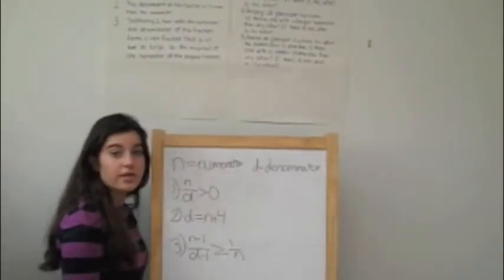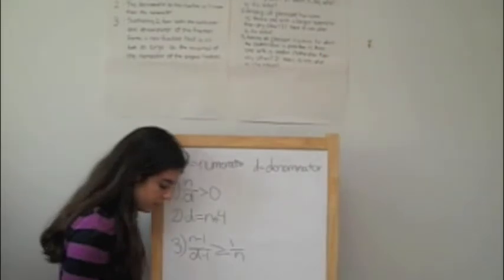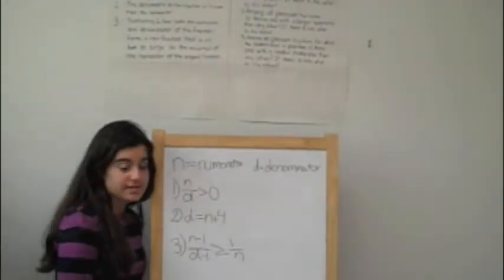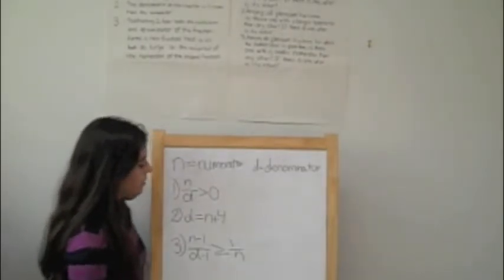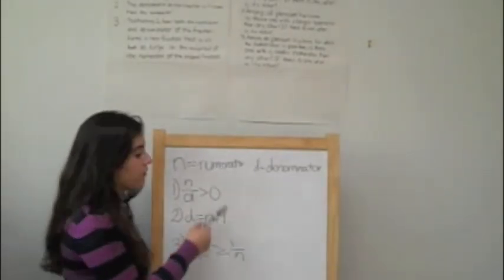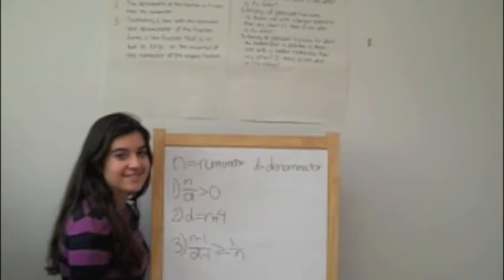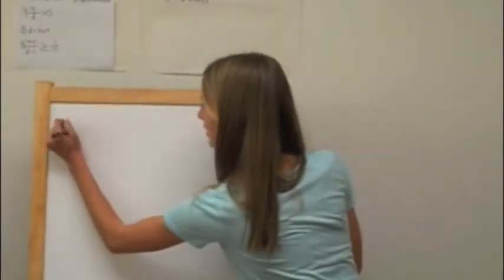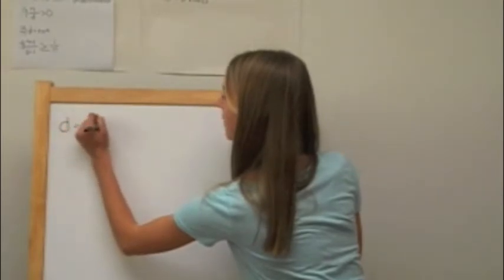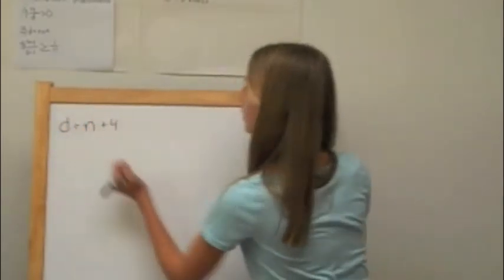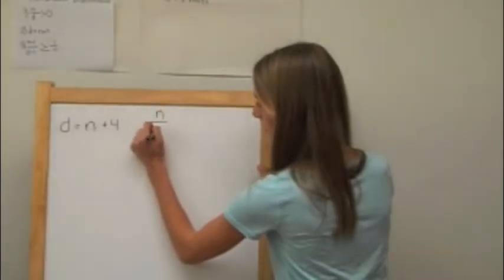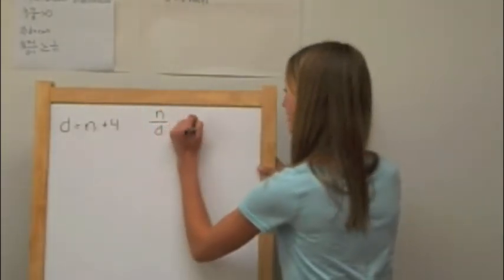In order to solve the original questions, we need to find the range of all possible numerators for any pleasant fraction. To do this, we need to solve a system of inequalities and equations for n. We have the equation d equals n plus 4 and the inequality n over d is greater than 0.